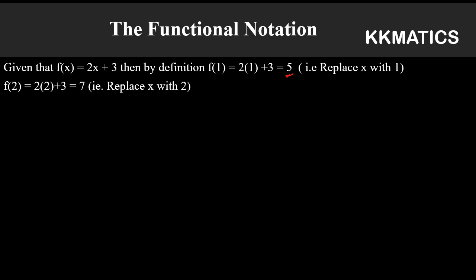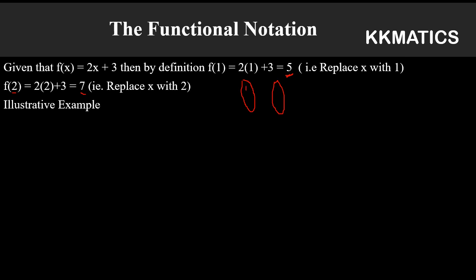So here, as you can see, 2 is mapping to what? 7. Okay, so in terms of notation, that would be 2 mapping to 7. So that will be this, which is our domain, and this our codomain.